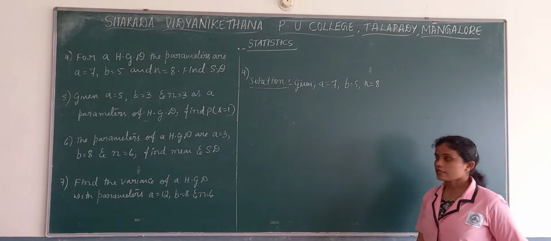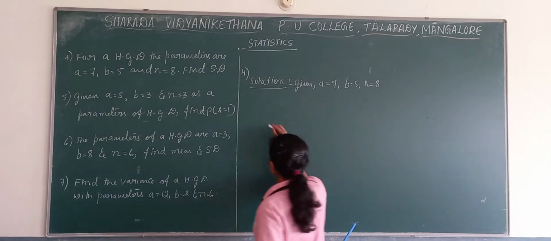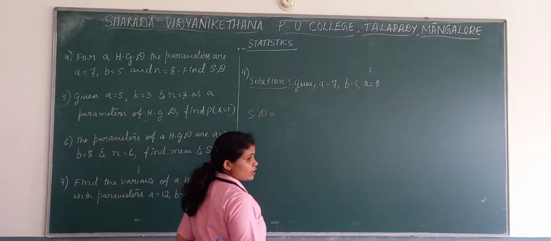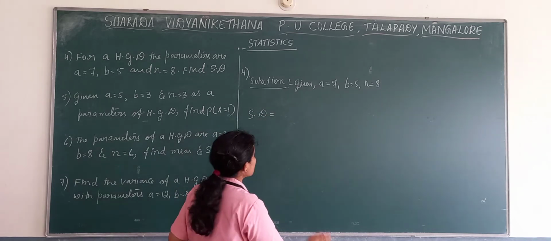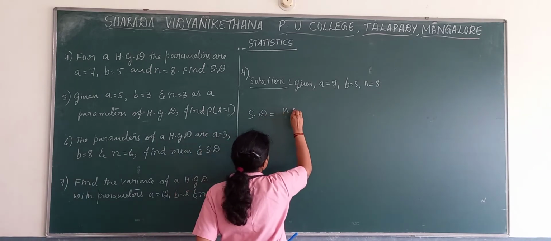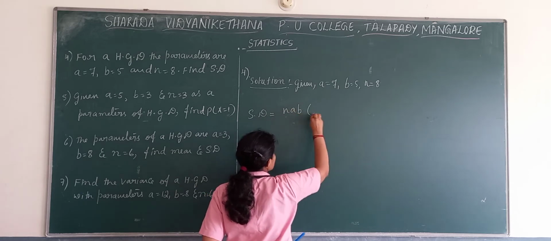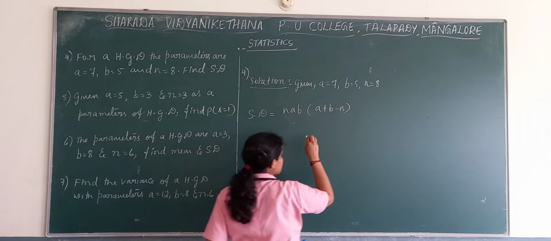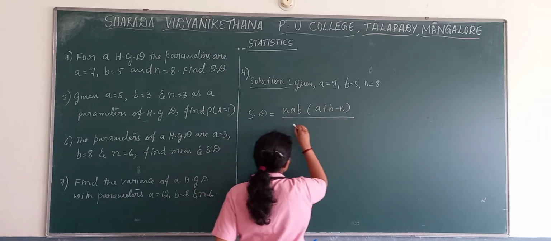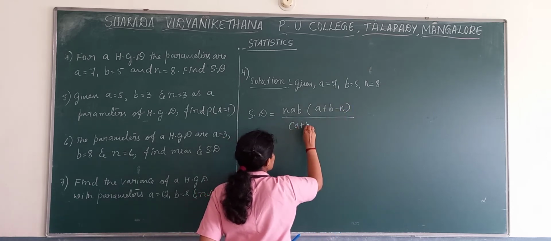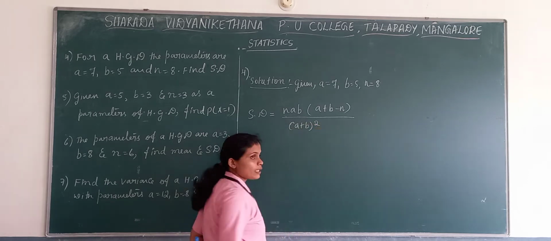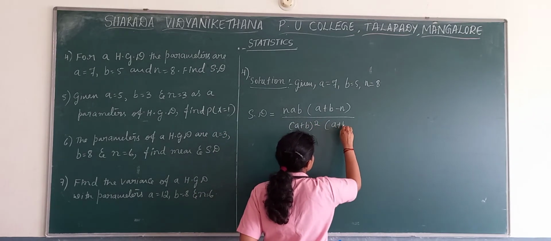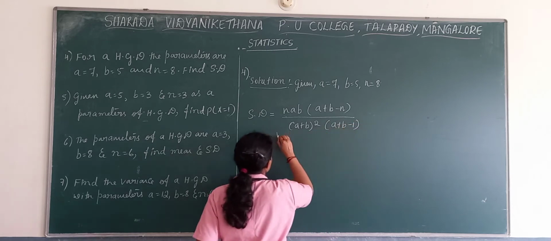Find standard deviation. What is the formula to find the standard deviation? Write the formula. Here the formula goes like this: square root of n a b into a plus b minus n divided by a plus b whole square into a plus b minus 1.